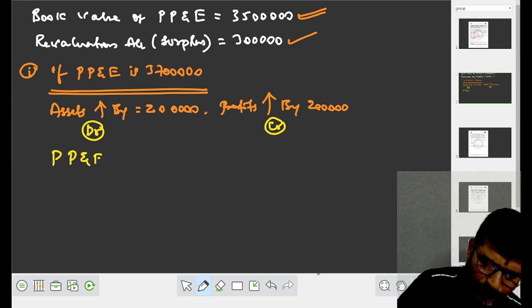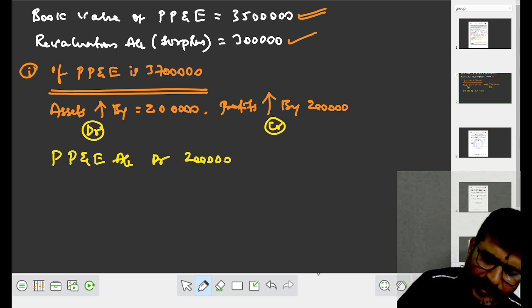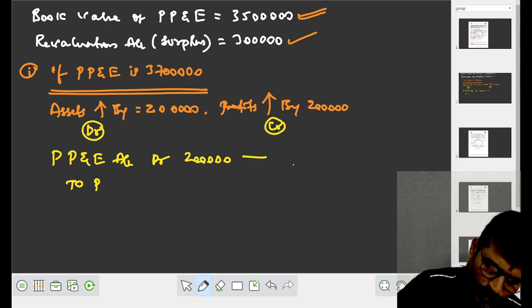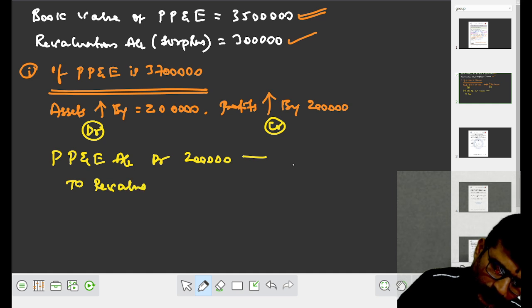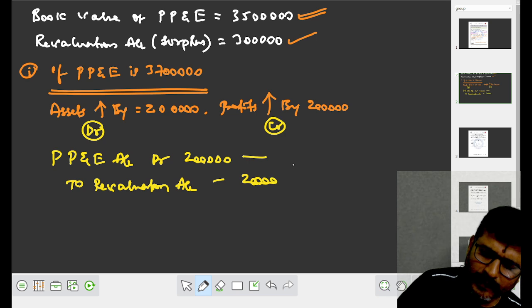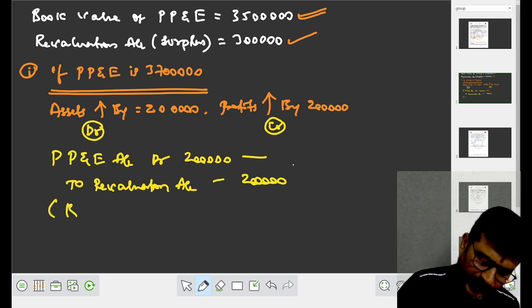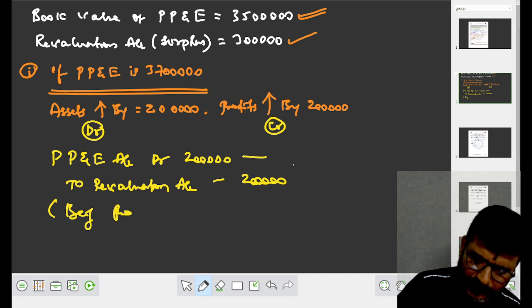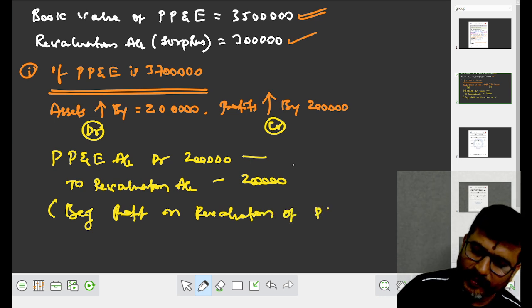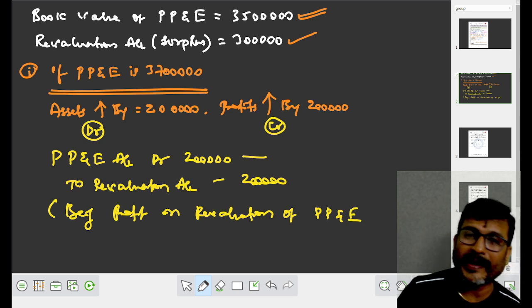Property, plant and equipment account debit 2 lakh, to revaluation account 2 lakhs. Narration being: profit on revaluation of property, plant and equipment transferred.